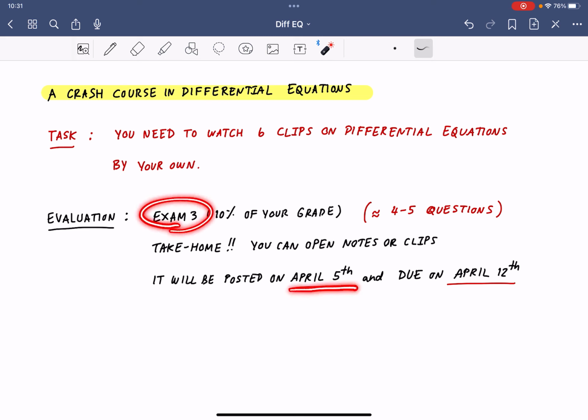Exam 3 is going to be 10% of your grade. It's going to be about 4 to 5 questions. You can open your notes and clips, and it will be posted on April 5th and due on April 12th. At this point, we are not going to come back to talk about differential equations. So it's the tasks that you're going to study from the video clips and also do the take home exam.